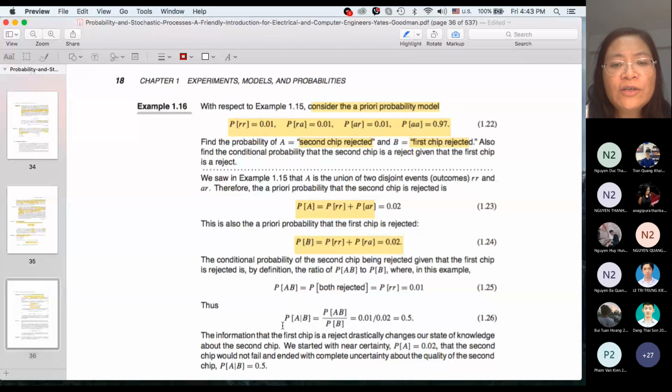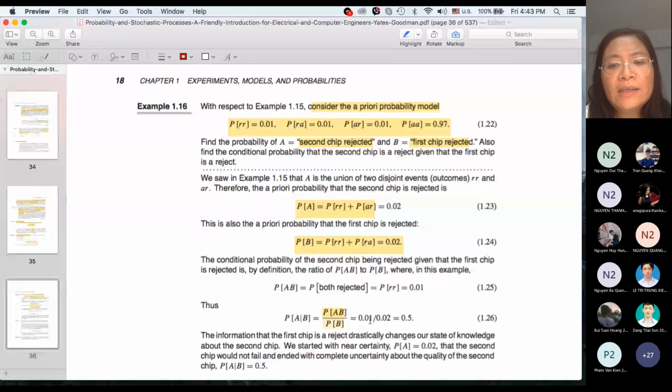So the conditional probability of A given B: we know that the first circuit is rejected, and we find the probability that the second is rejected. It equals the probability of A and B over the probability of B, following the definition of conditional probability.